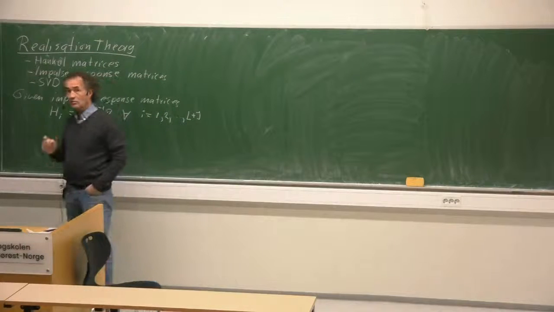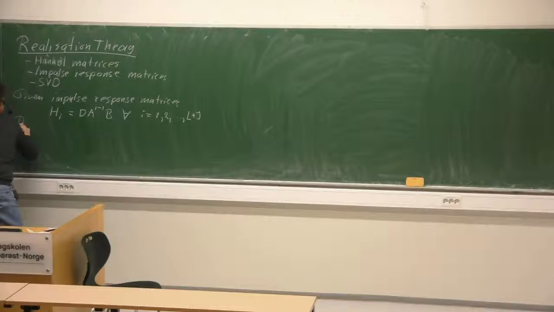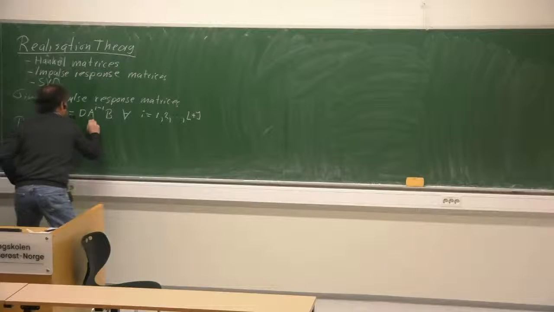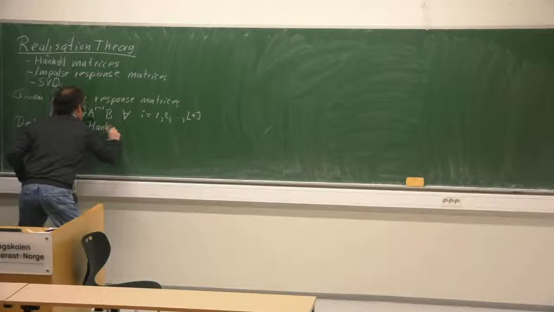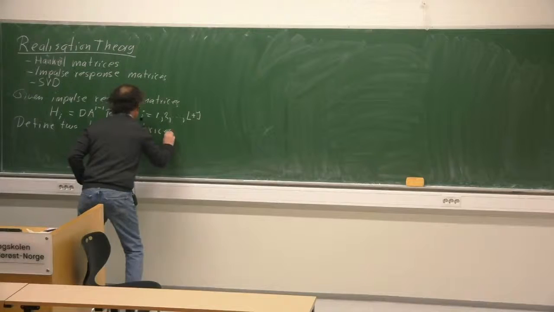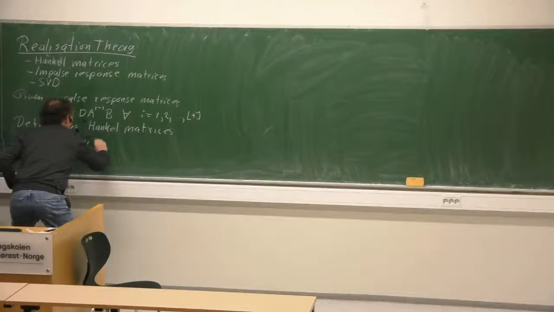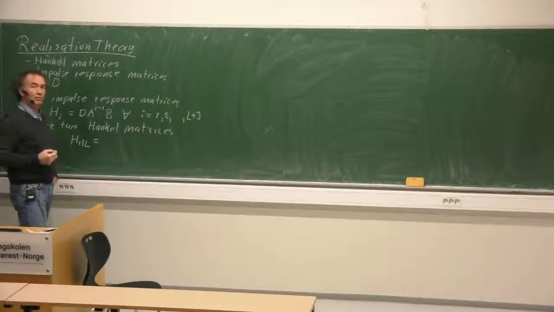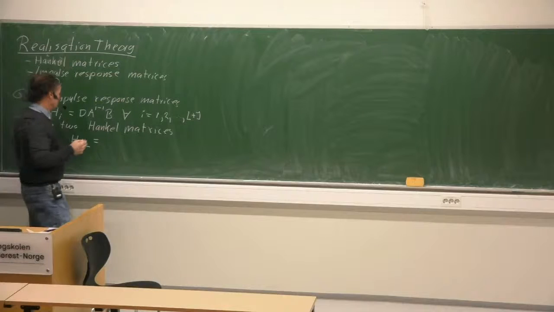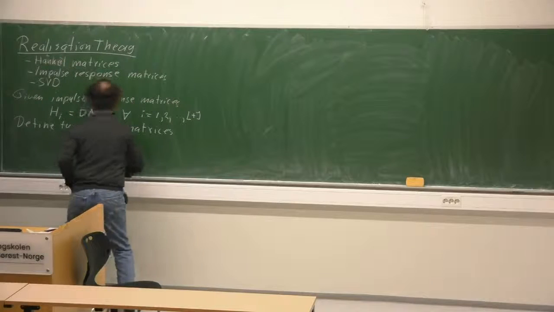Then we can define two matrix equations, or Hankel matrices. The first of them is H1 given L, which can be proved to be equal to the product of the extended observability matrix O_L and the extended controllability matrix C_J.